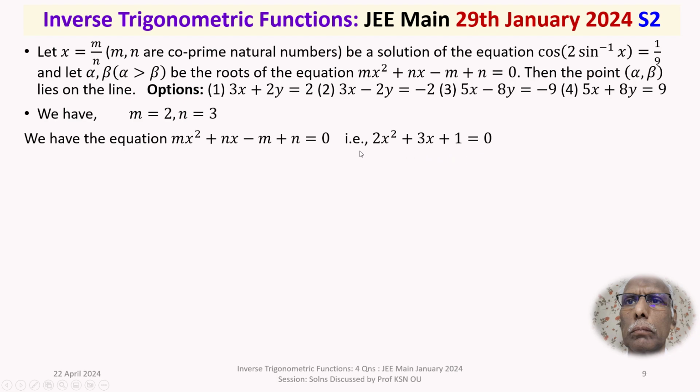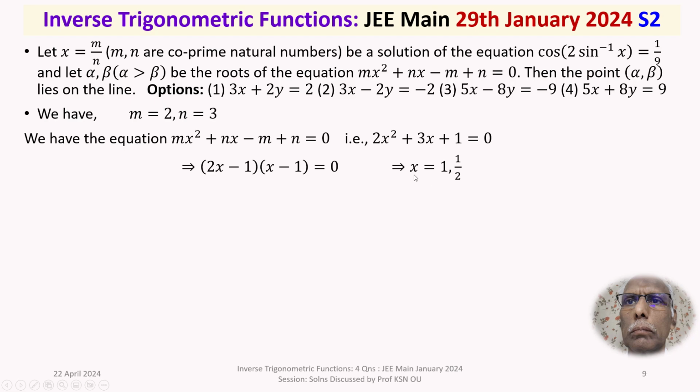For this quadratic equation, you expect 2 roots. Let them be alpha, beta, but you have to take alpha greater than beta. So find the solutions. Factorize, and the solutions are x is equal to 1 and 1 by 2. Alpha and beta are the roots of this equation, and alpha greater than beta you have to consider.